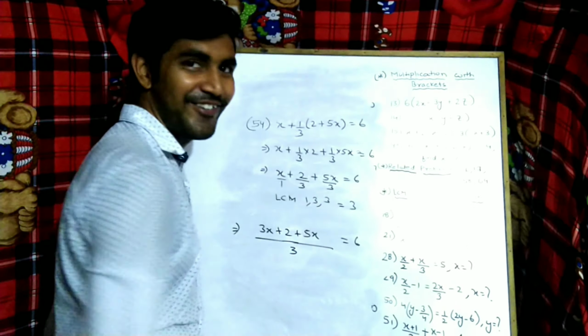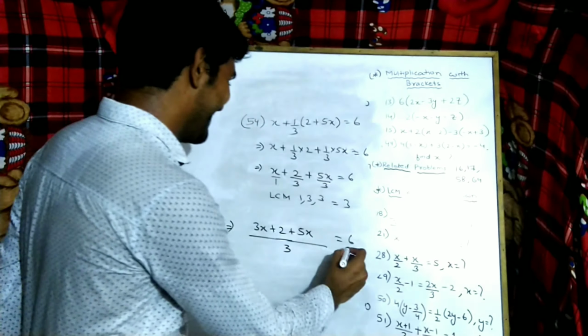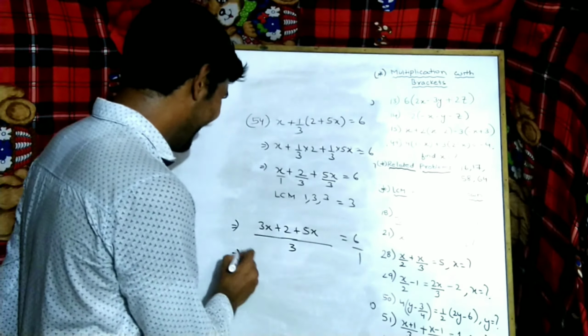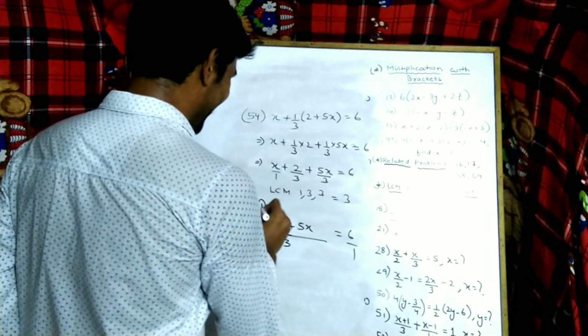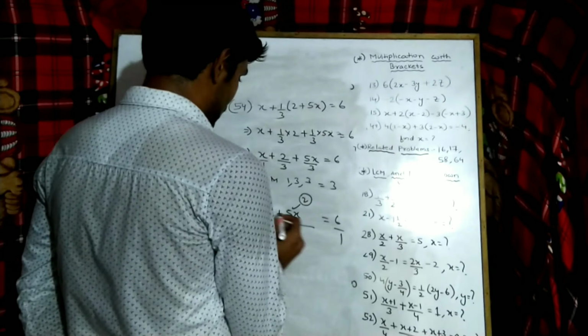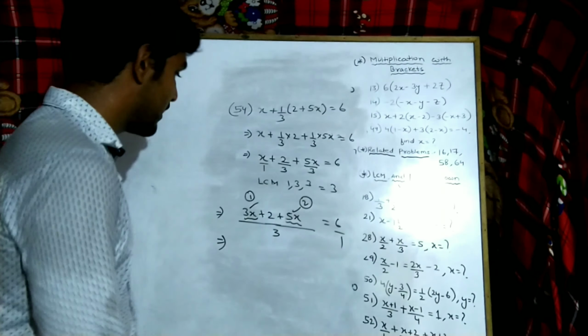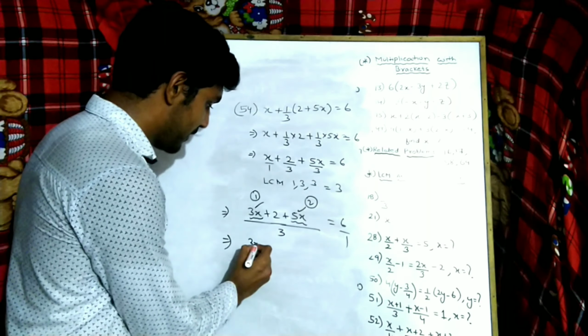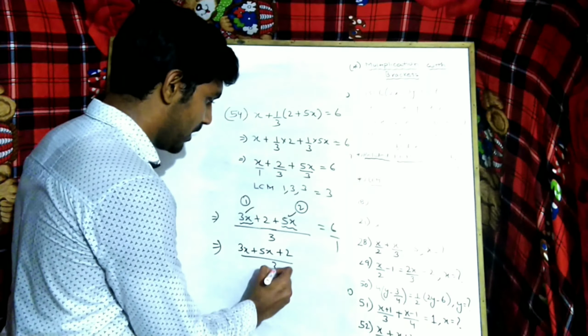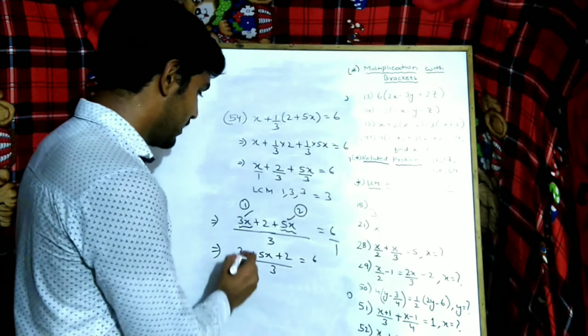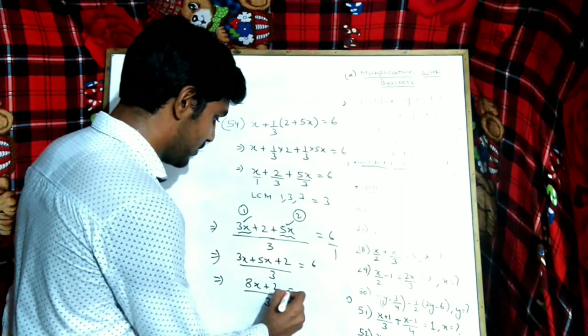It's equal to 6. Okay? Now these two variables are there, so I am writing these two variables, plus 2 by 3 is equal to 6. Now 3x plus 5x comes 8x plus 2 by 3 is equal to 6.